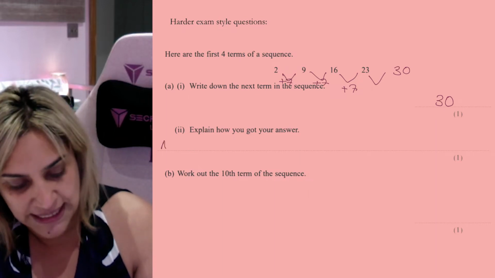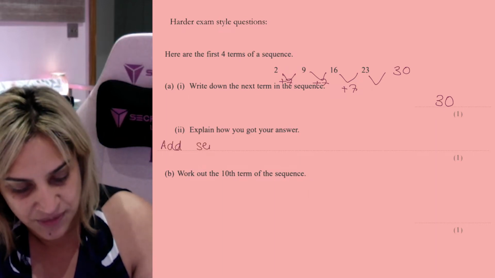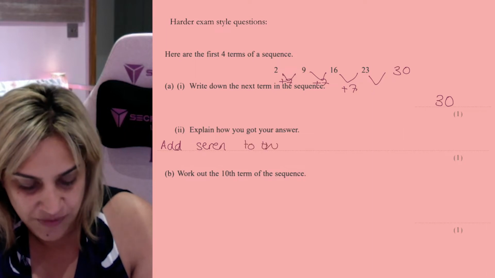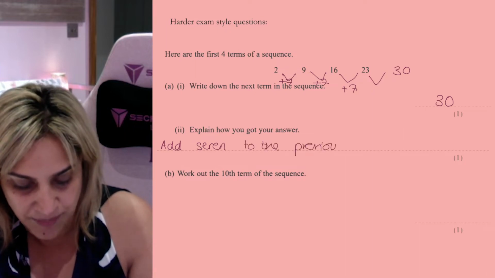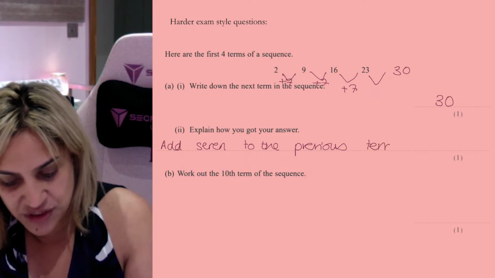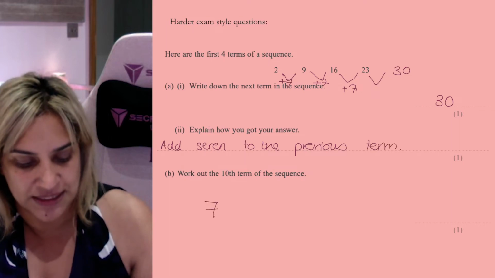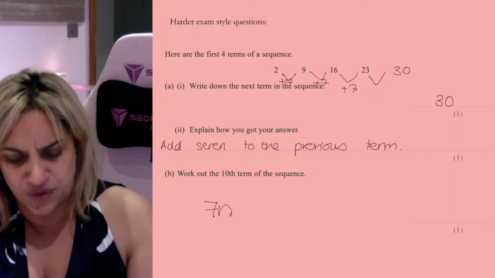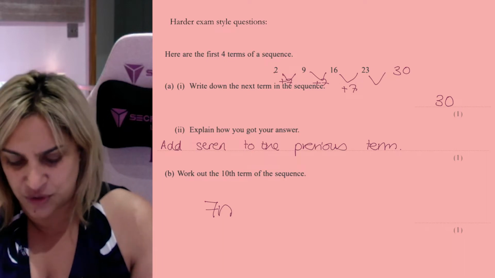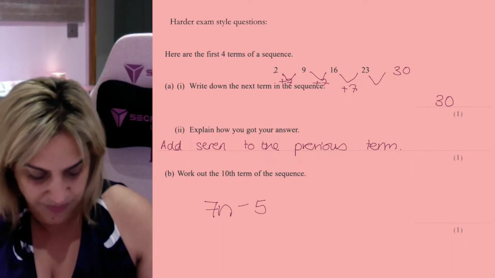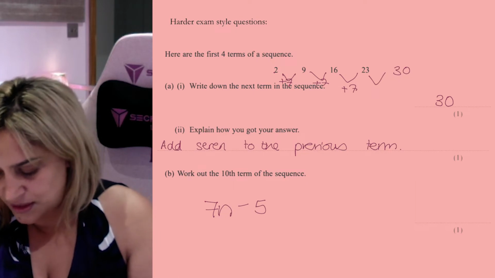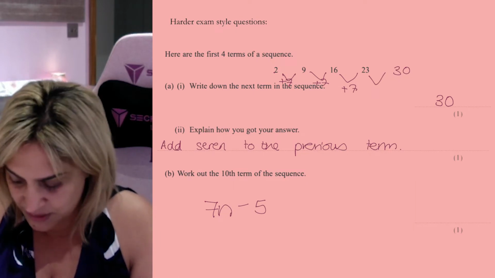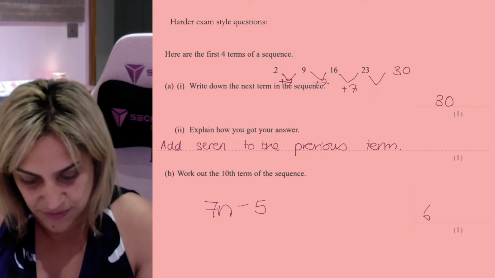So you're going to say add 7 to the previous term. And so now we can do the nth term. We'll write 7n. Okay, so how do we go from 7 to 2? We minus 5. So the 10th term will be 7 times 10 minus 5, which is 65.